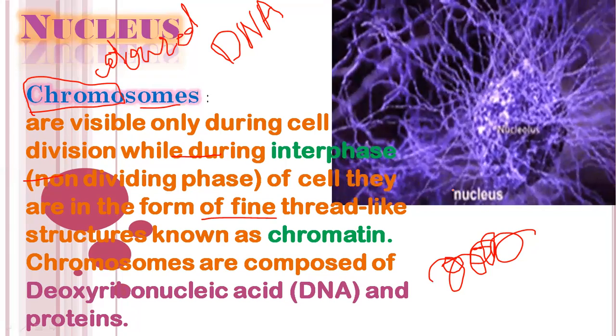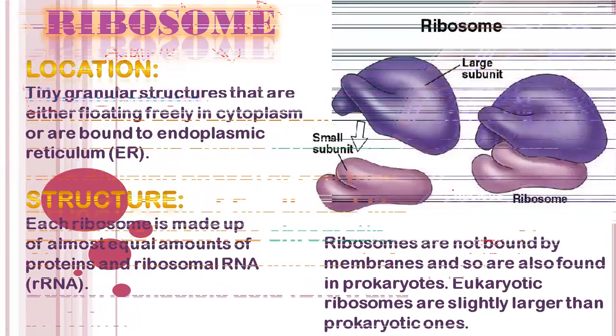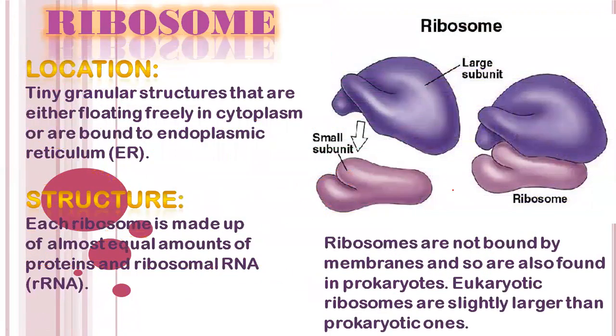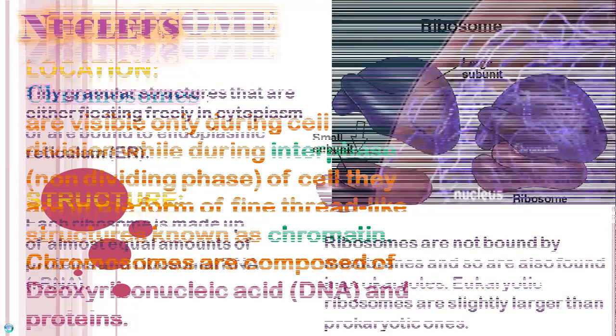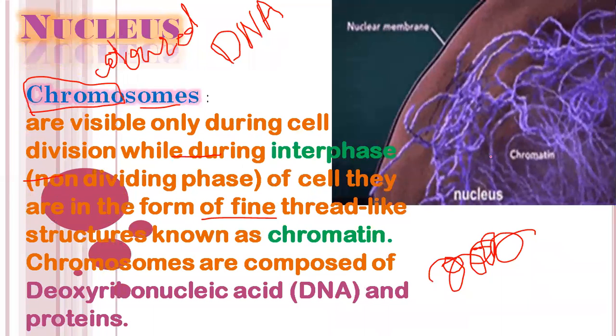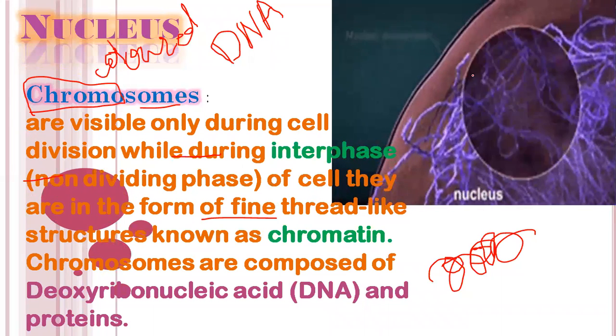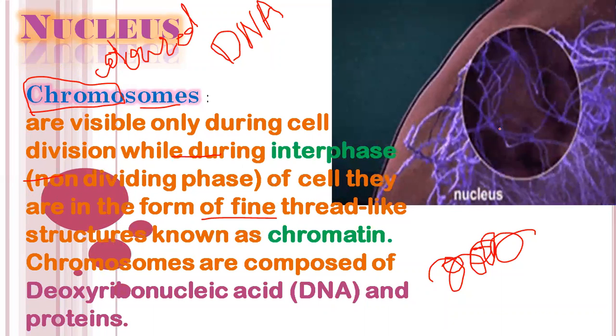So chromosomes are actually the hereditary material, and this hereditary material transfers the characters of one generation to another, from the parents to offspring. How we resemble our parents depends on the chromosomes, on what type of sequence of DNA is present in these thread-like structures.